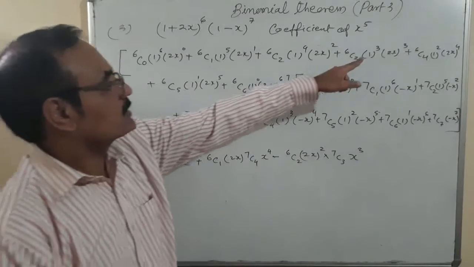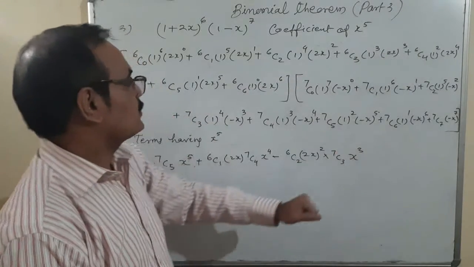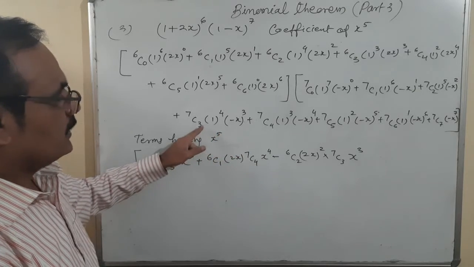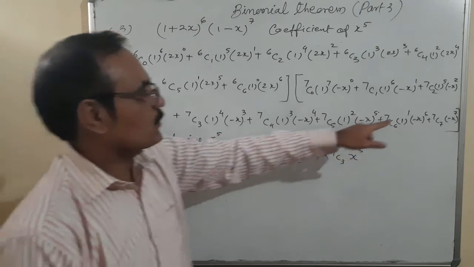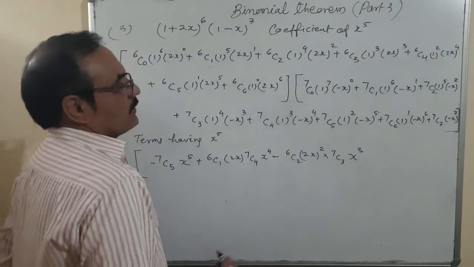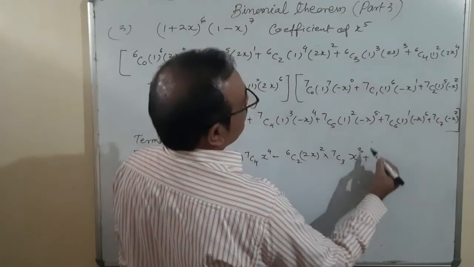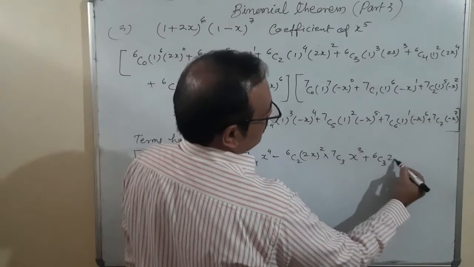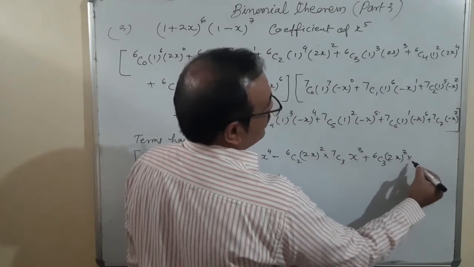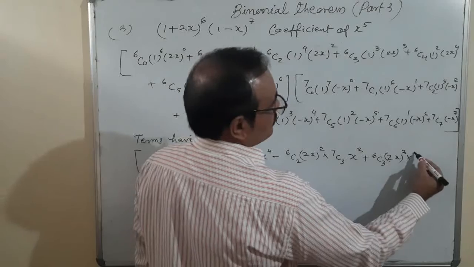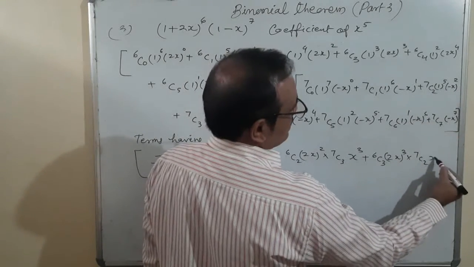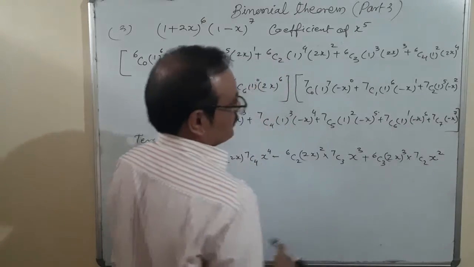And then this is 6C3, 2x cube multiplied by x square. x cube multiplied by x square here. Okay. So 6C3, 2x to the power 3 multiplied by 7C2 and minus x square, that means it is plus x square. x square into x cube, x to the power 5.